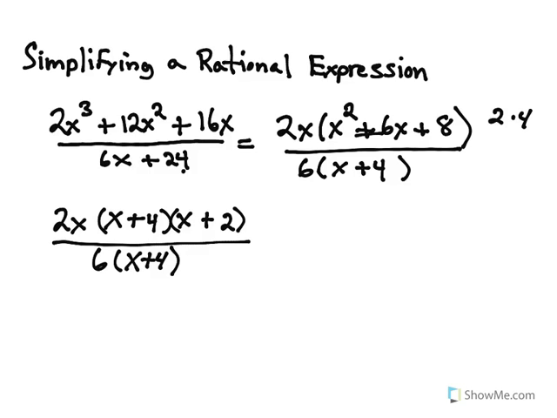And now our last step is to cancel like terms in both the numerator and denominator. Well, the only thing that would cancel would be your x plus 4. We can also cancel the 2, because 2 goes into 2 once, and 2 goes into 6 3 times.